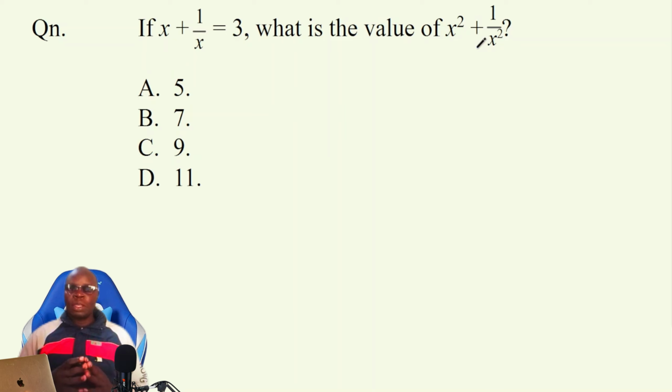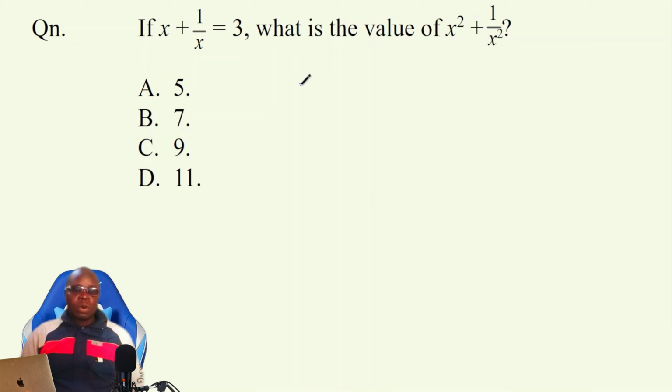The only thing we can do here is to make sure that we square the equation, because it's simpler to work with the equation here and we can obtain something similar to the expression which has been asked. And the value we shall get from squaring this will give us the exact answer from the options here below. So let's move on and do that.